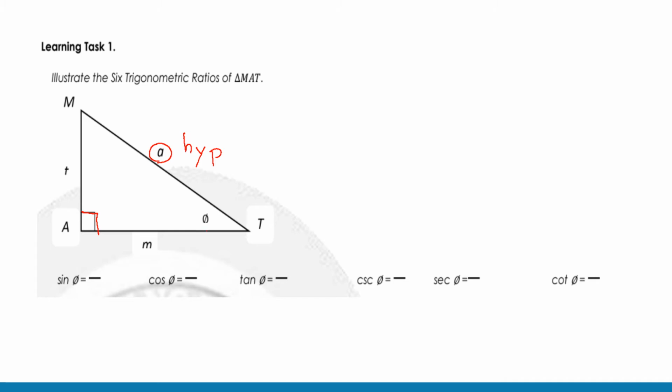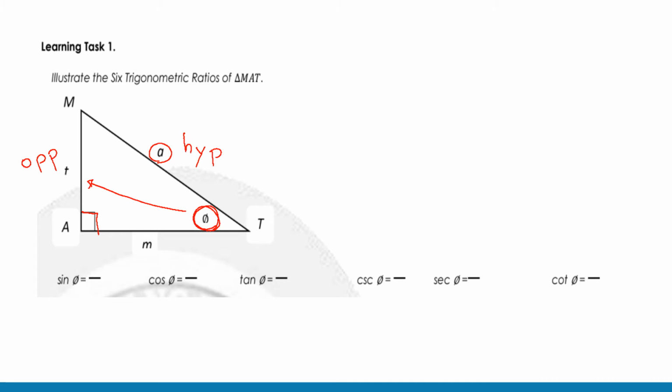Now, since we have this angle theta, ibig sabihin mga bata, ito yung magiging point of reference ninyo when it comes to angle. Yung opposite side of this angle, siyempre pa, yan yung tatawagin nating opposite.